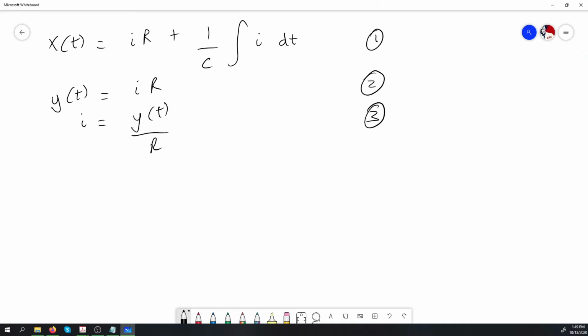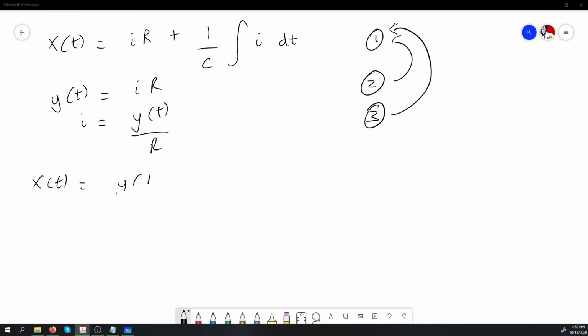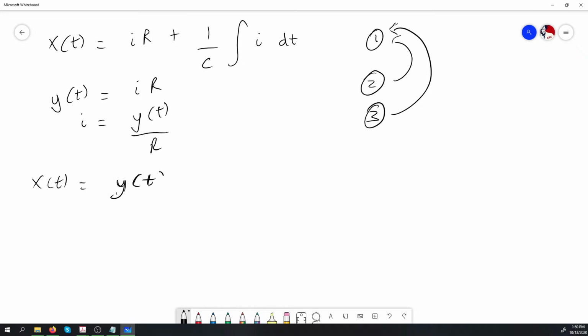So if we substitute equations 2 and 3 into equation 1, we get x of t equal to y of t plus 1 on C integral of y of t divided by R dt.